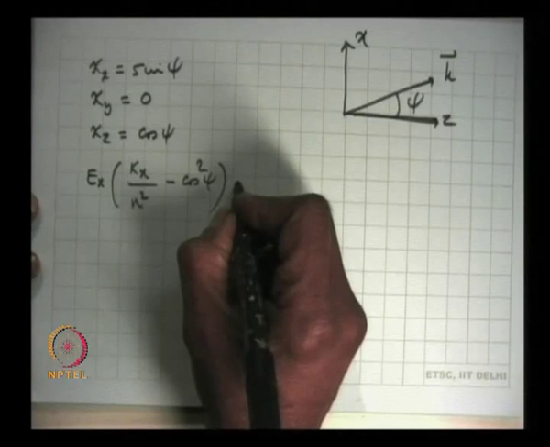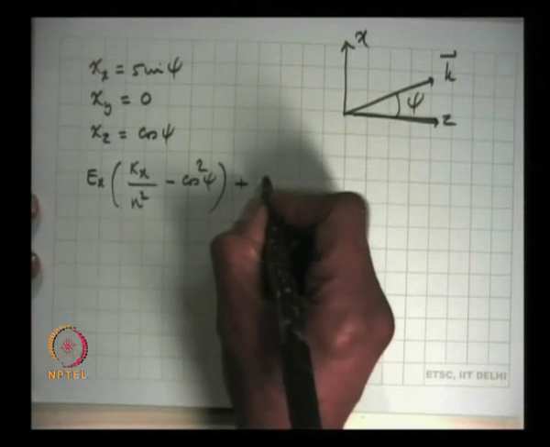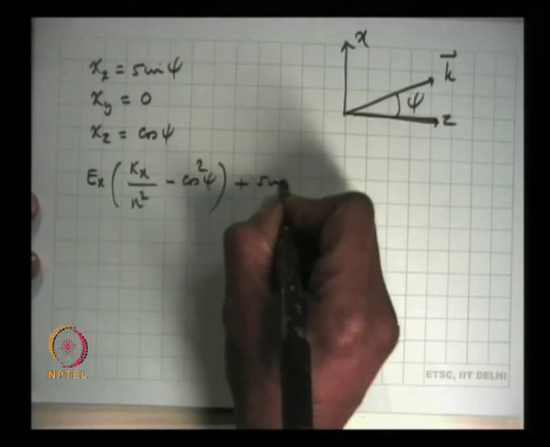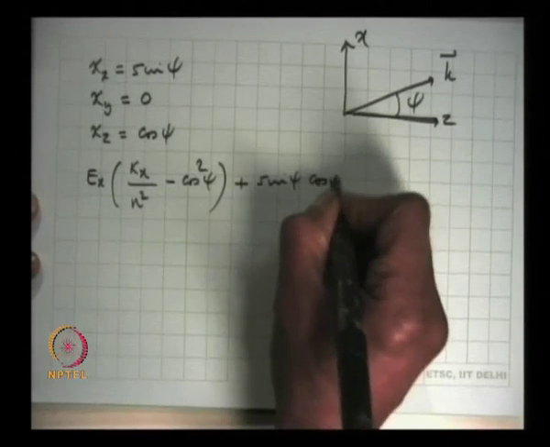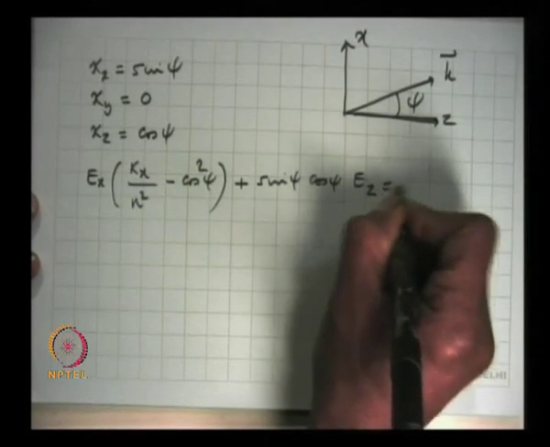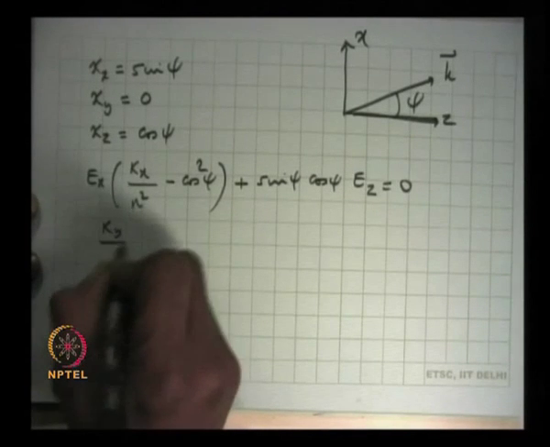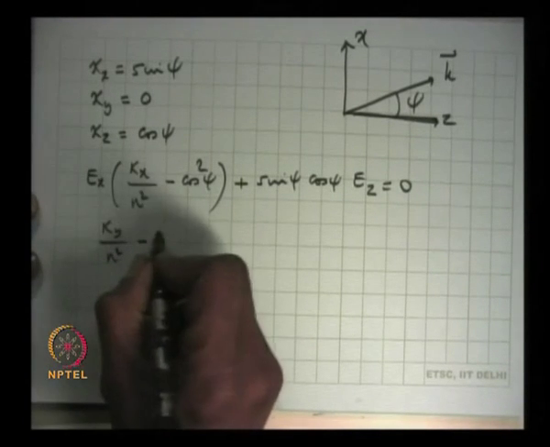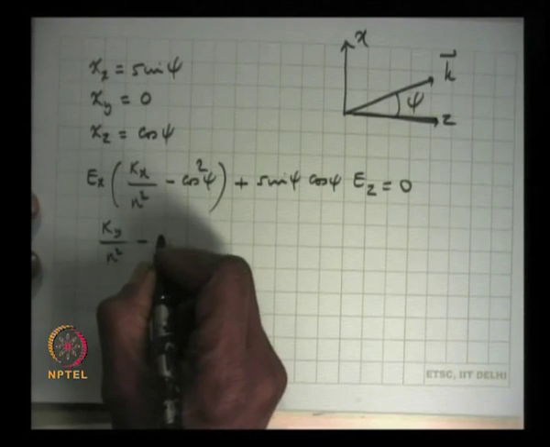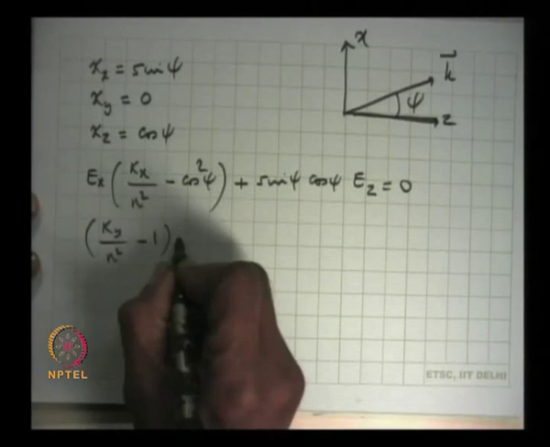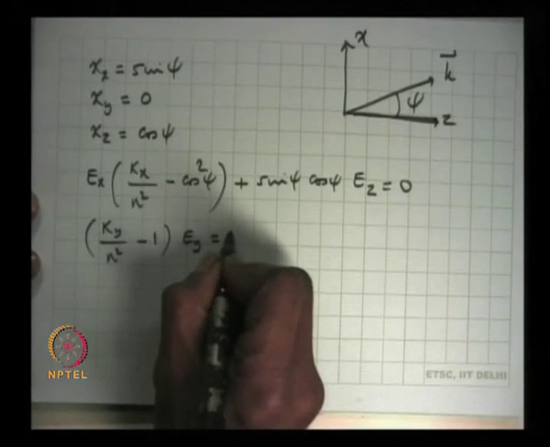Second term is kappa x, kappa z, which is sin psi cos psi, times Ez, equal to 0. The second equation is ky by n square minus kappa x square minus kappa z square, which is 1, into Ey equal to 0.